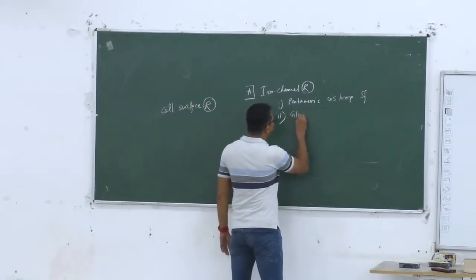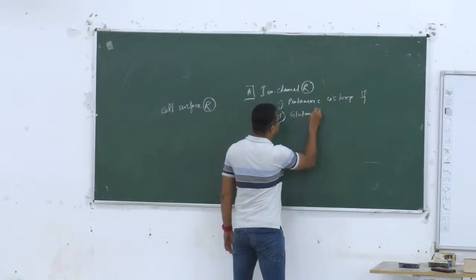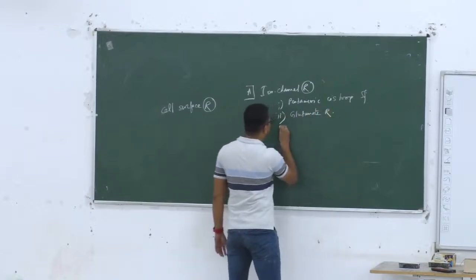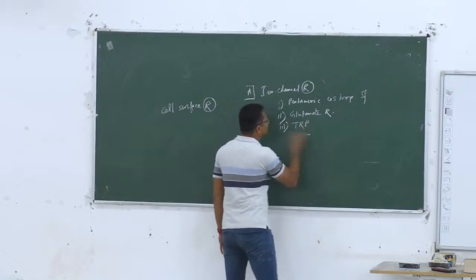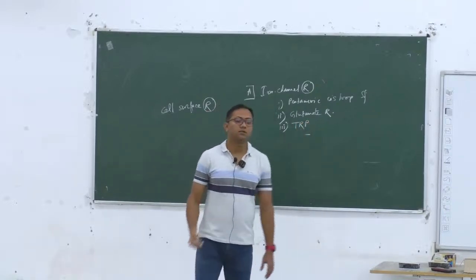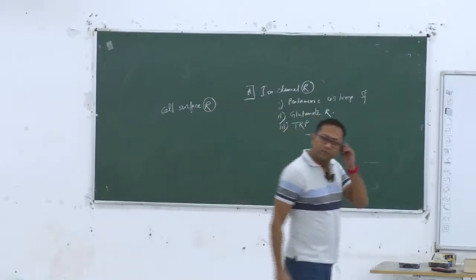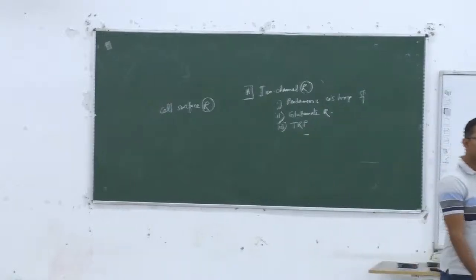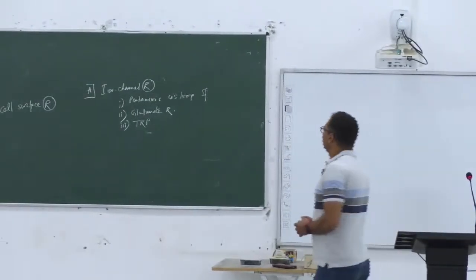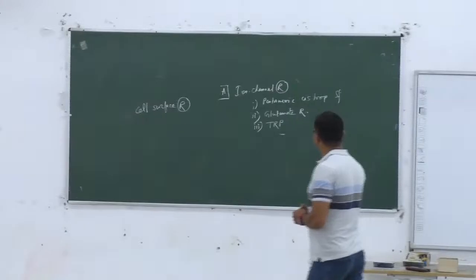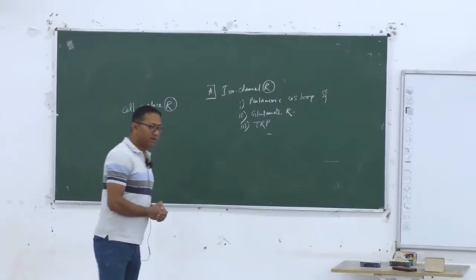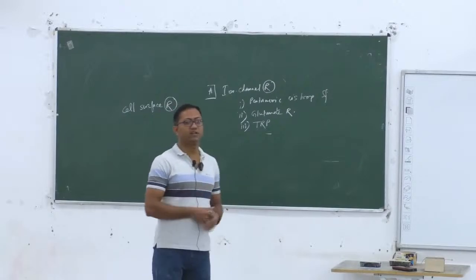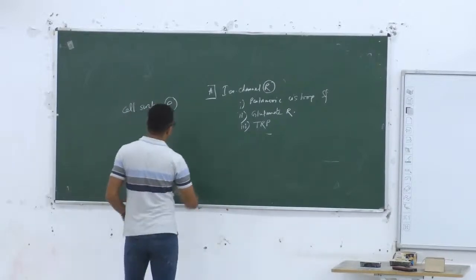Then glutamate receptor, and TRP channels. So first, pentameric cis loop superfamily. Examples are GABA, glycine, acetylcholine, histamine, serotonin, right?